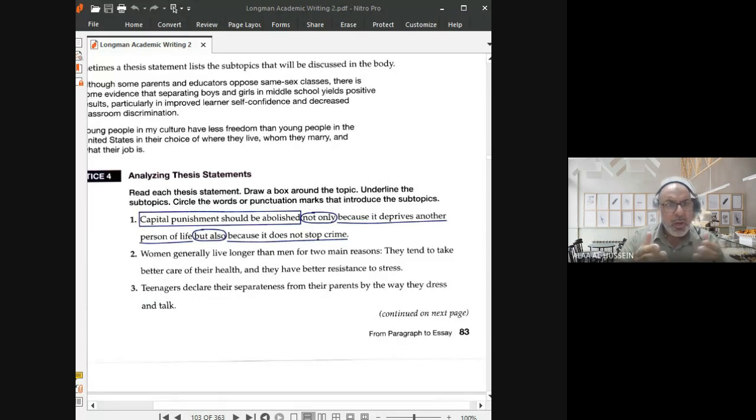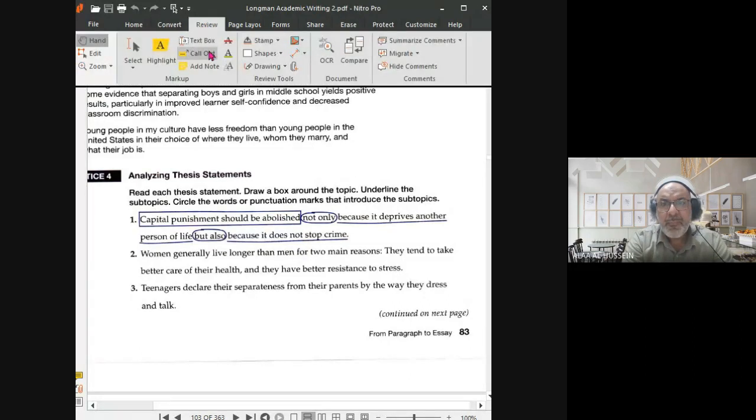Okay, so here we have what? We don't have a topic, we have a full sentence, a complete sentence. So when we have a sentence, there should be a topic for this sentence. The topic of this sentence is what? Capital punishment. Okay?